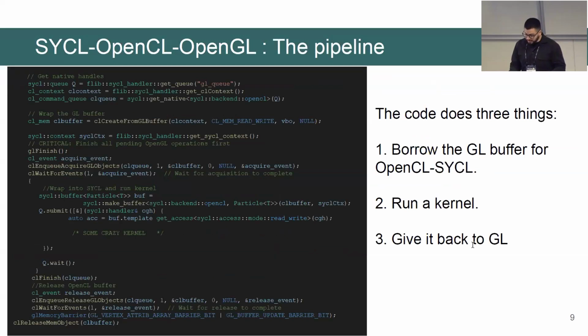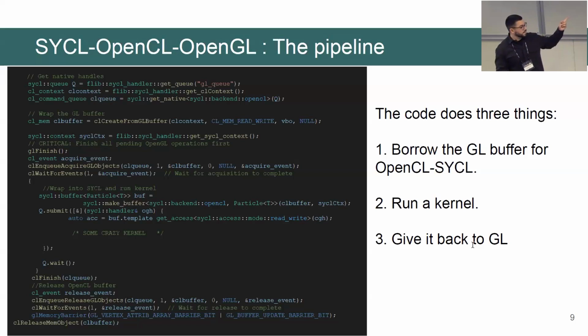This is kind of the pipeline for this SYCL OpenCL interoperability. Basically, it does three things. The first one, once you create the vertex buffer object, the only thing you need to do is borrow the GL buffer for the OpenCL SYCL interoperability. Then run a kernel.